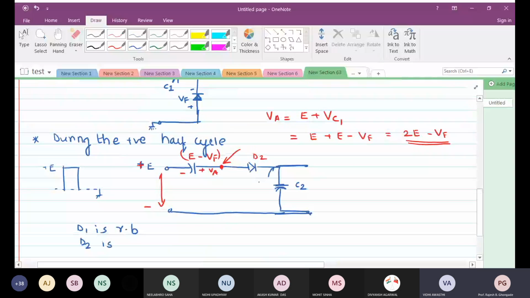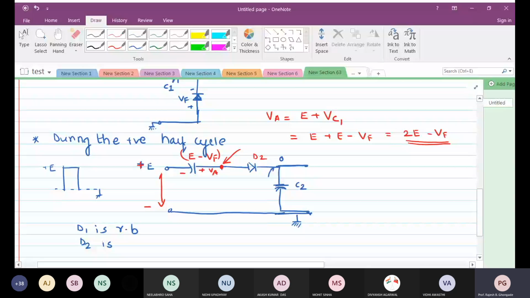So as if this is a short circuit, what is the voltage at the cathode of D2? It is 0 volts, ground. Short circuit.